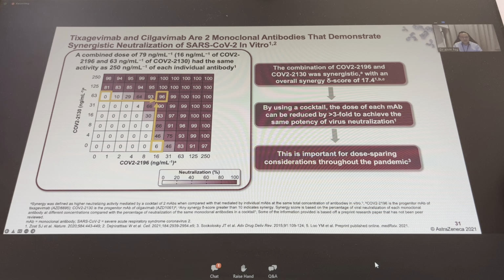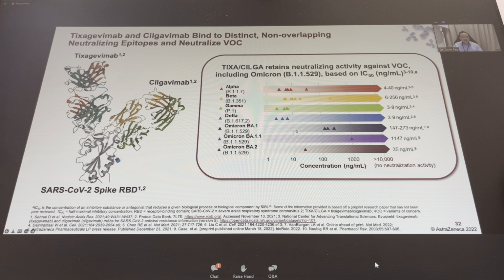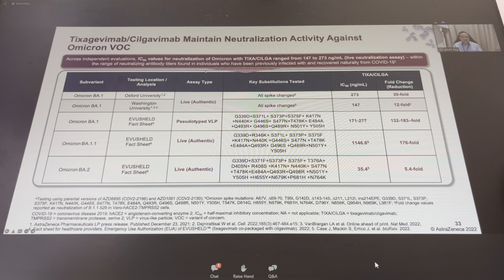Rather than a high dose of 3,000 milligrams, it can be achieved at 300 milligrams, therefore allowing use in a greater number of patients. And both the Tixa and cilgavimab, as mentioned earlier, bind onto different and distinct non-overlapping neutralizing epitopes, and therefore it neutralizes the virus.